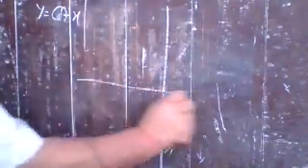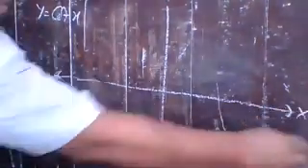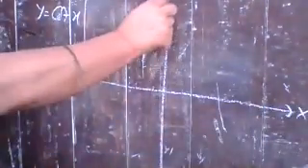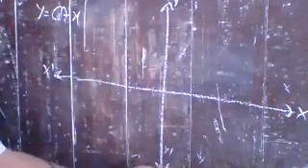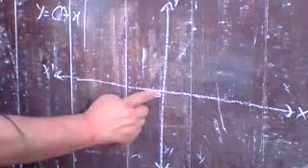Just see, if you have a function y is equal to cot x, draw the graph again. Here you take axis, x dash, y dash. At 0 degree, cot x is not defined.